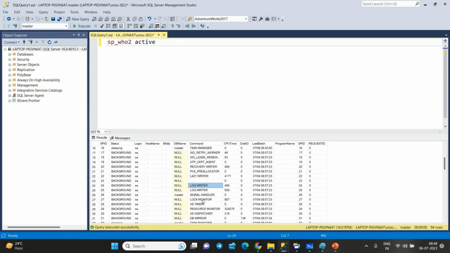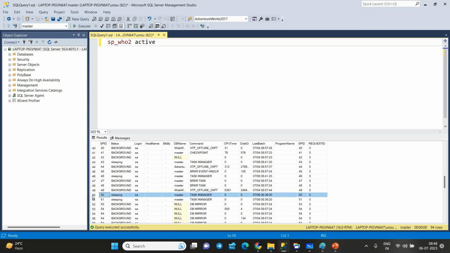All these are system processes. You can't kill them. You can just go and see. The first 50 are system processes which are running in the backend, and they are doing a lot of stuff.